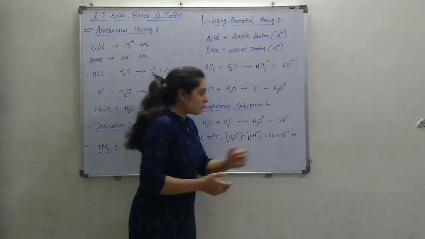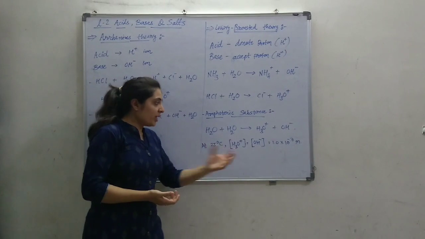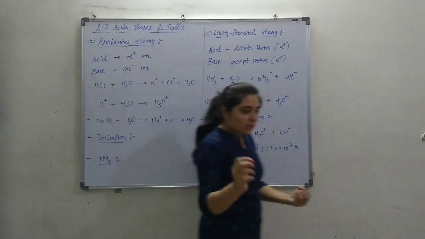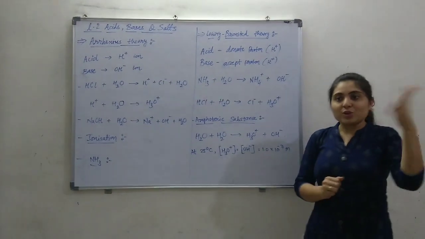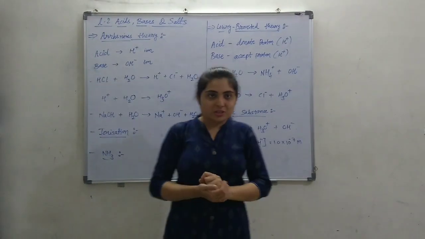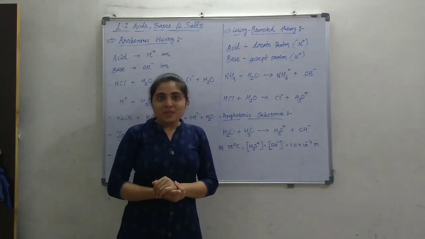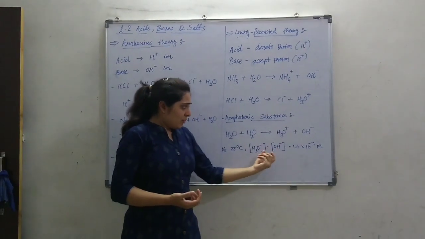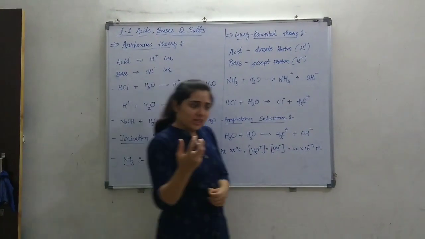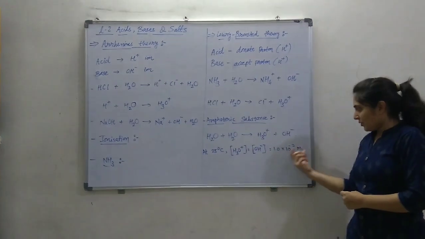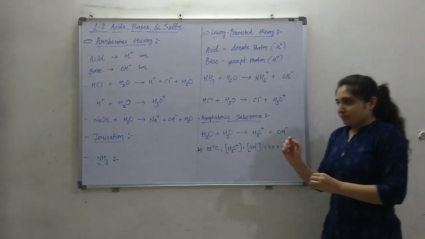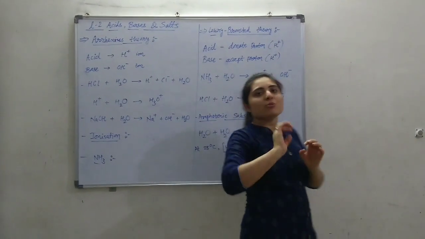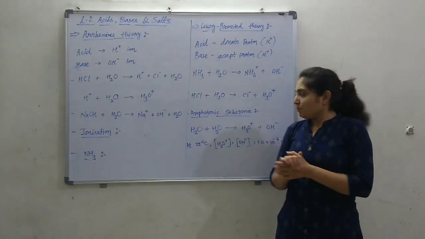This much quantity of H plus and OH minus is seen in the water. Molar is the unit for concentration, as we have seen the percentage unit for concentration, but here it is molar, another unit. The amount of H plus and OH minus is very less, because very few ions are ionized in the water.